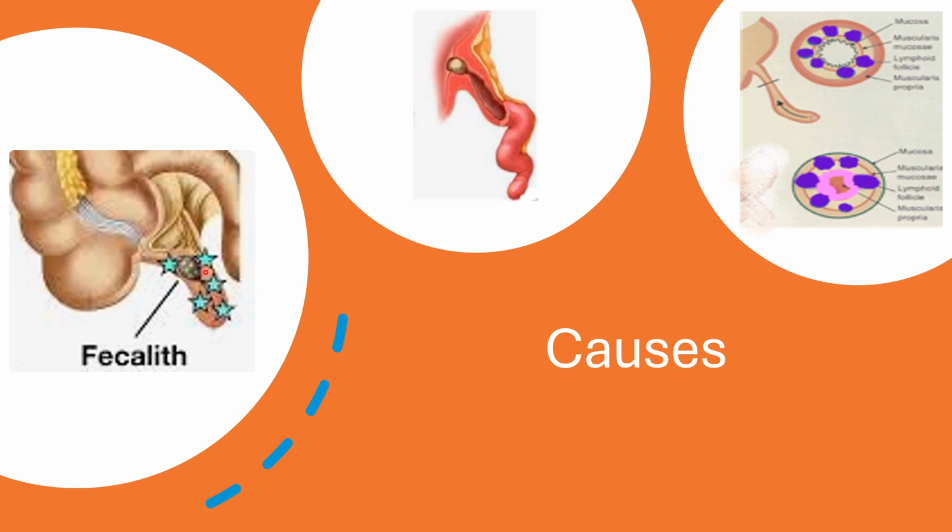But if we don't figure out this condition early enough, as the tissue has necrosis and inflammation increases, and the number of bacteria growing there increases, then eventually we'll see the appendix rupture.